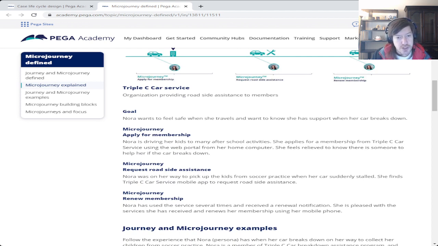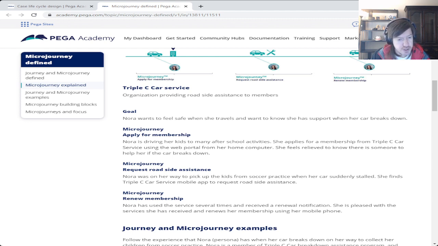Organization providing roadside assistance to members. Goal: Nora wants to feel safe when she travels and wants to know she has support when her car breaks down. Shouldn't that be wants to know? I don't know.